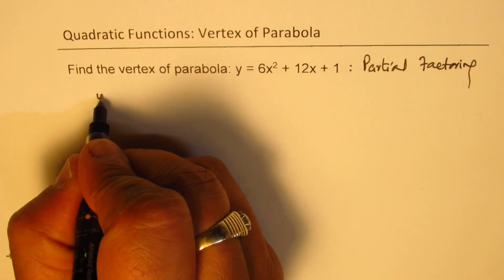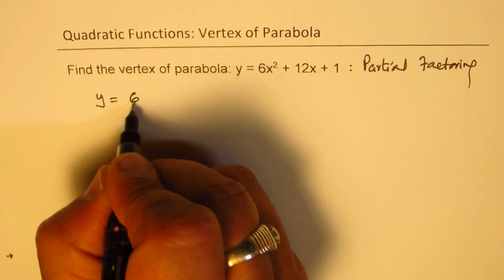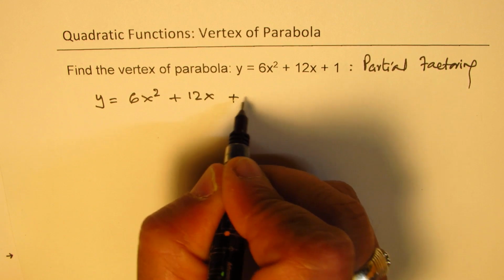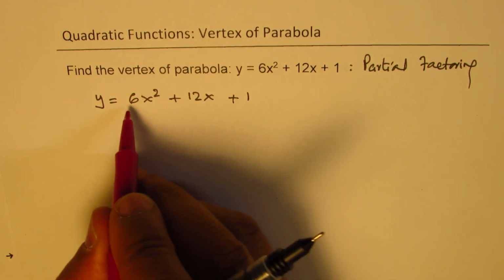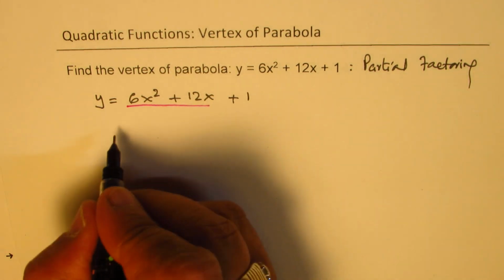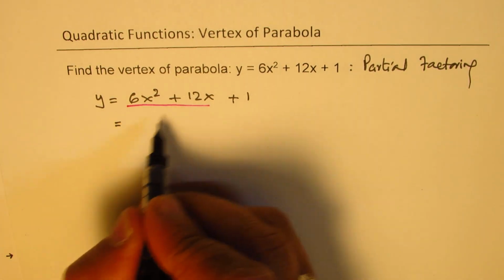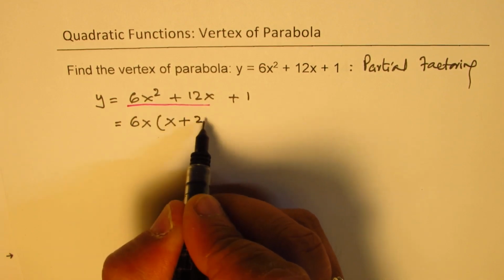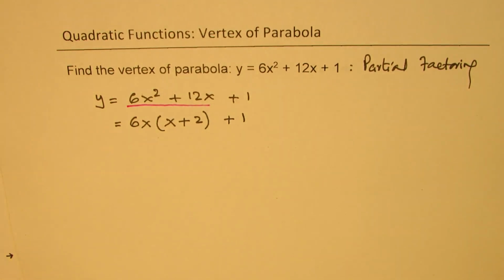So let's understand the partial factoring technique. y equals x squared plus 12x plus 1. In this, we look only at the first two terms, which are x squared and 12x. Take whatever is common between them. It is x, which is common. So we could write this as x times (x plus 12) plus 1.